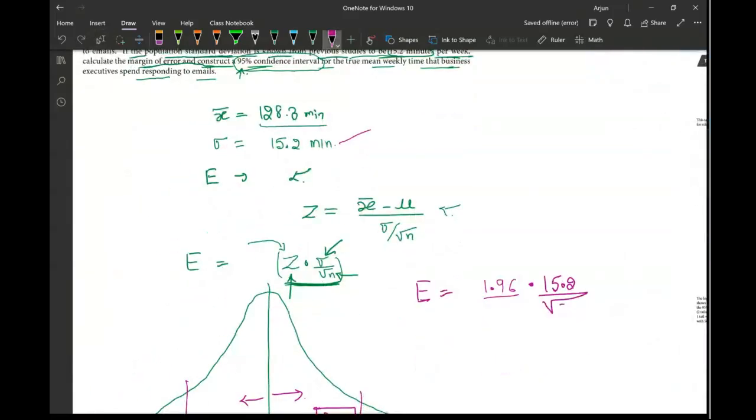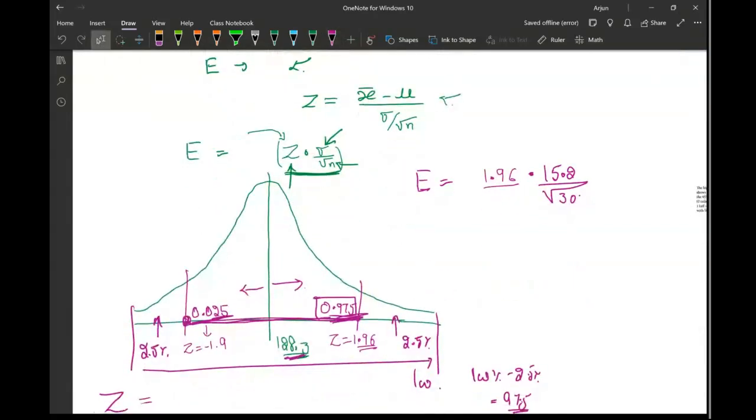So this value is 30 here. And now I'm going to do the calculations. So 1.96 multiplied by 15.2 and then divide this by the square root of 30. That comes out to be 5.43.